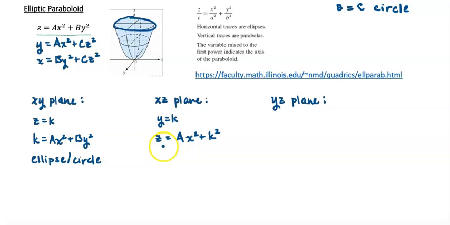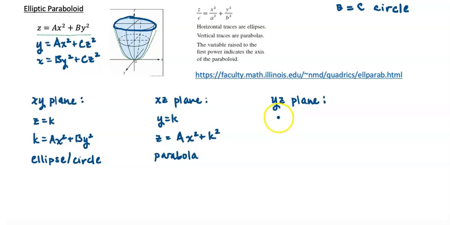And what does this look like when we have z is equal to ax squared plus k squared, remembering that this is just a constant? Well, that looks a whole lot like a parabola. And we can see that on the xz plane, this trace is that parabola right along here.